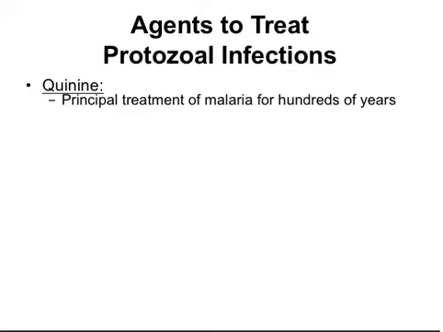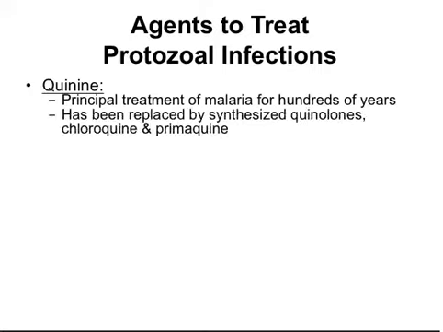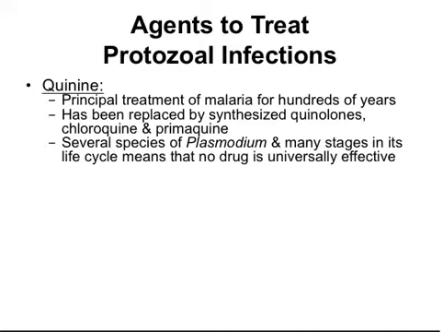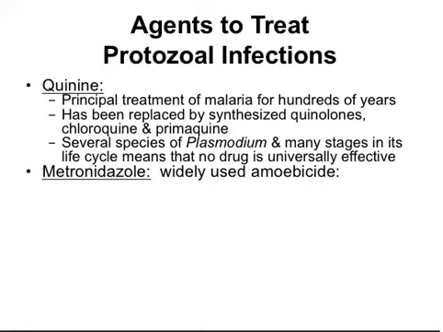Quinine has been the principal treatment of malaria for hundreds of years. It's been replaced by quinolones, chloroquine, and primaquine, which are synthetic derivatives. A lot of species of Plasmodium and many stages within its life cycle means that no drug is universally effective.